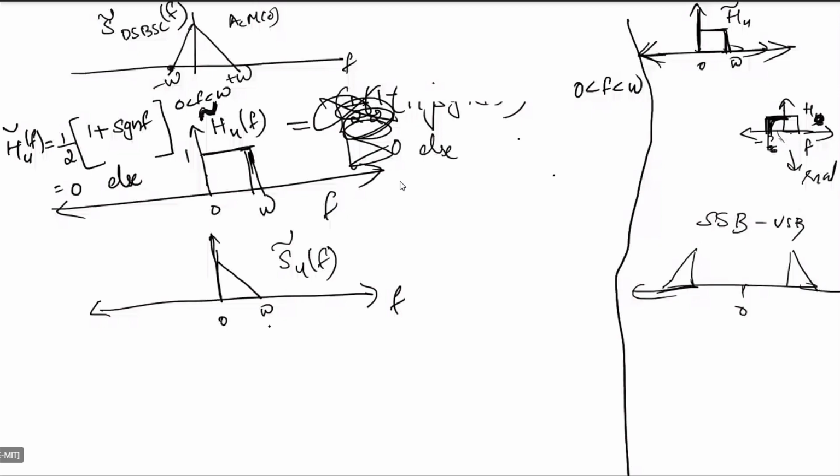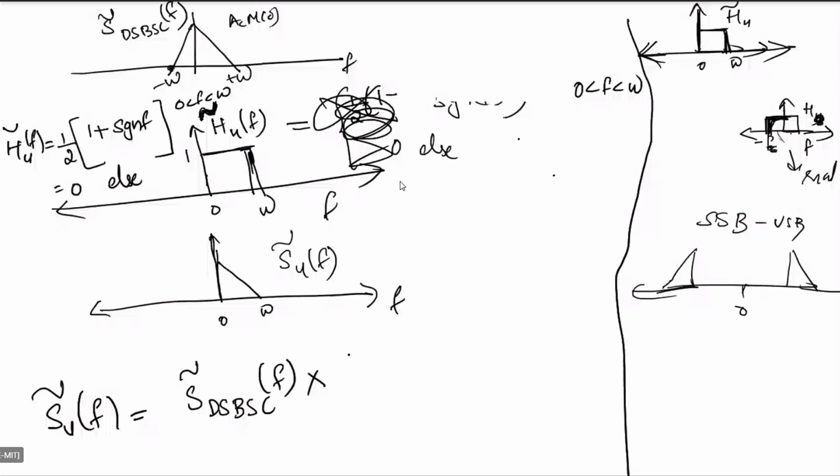So SU tilde f will be equal to S hat DSBSC f into that filter, which will be equal to Ac by 2.